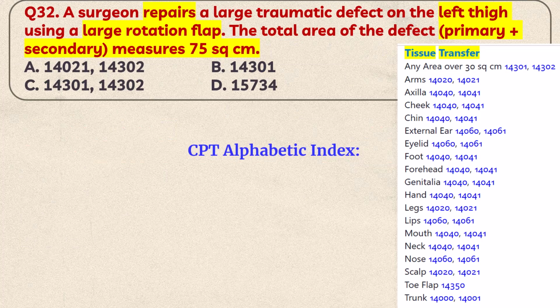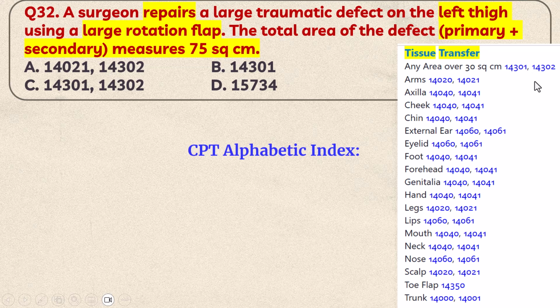When you look at the CPT alphabetic index under tissue transfer, in our case this is the left thigh. You can see legs are there, and other than that there are no subanatomical terms. But here you can see any area over 30 square centimeters, you use this code. In our case, the total defect area is 75 square centimeters. That is 14301 to 14302.